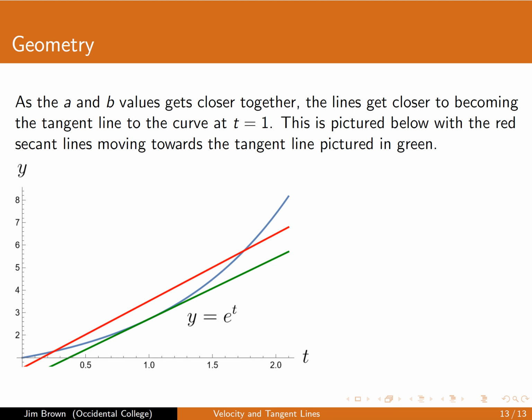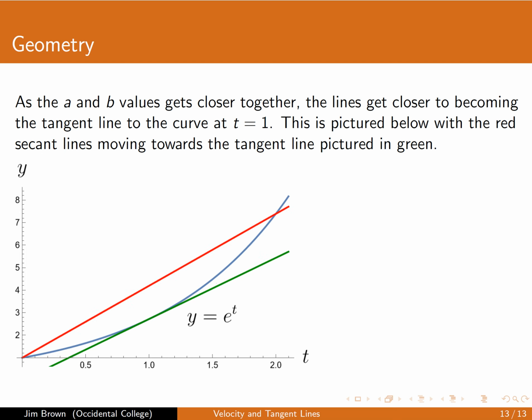Here's our graph of what's going on, and we can see those red lines getting closer to that green tangent line. Remember, the slopes of these red lines are our average speeds over those intervals. We saw before that as those intervals got smaller, those average speeds gave us a better and better approximation for the velocity at the particular point we were looking at.